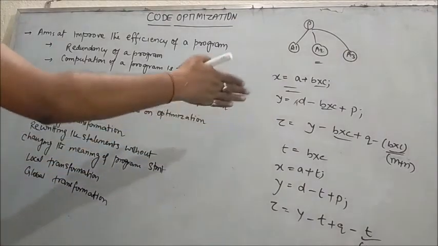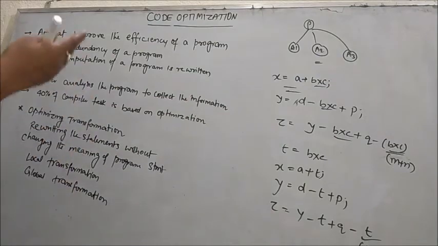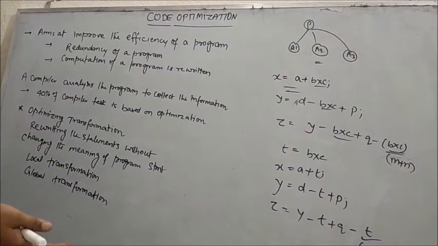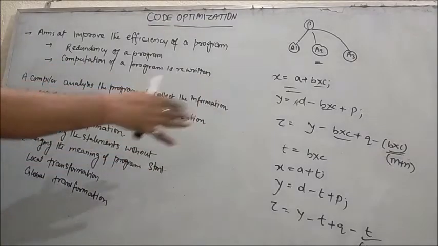Here, whatever I have given you, the basic concept of programming, was one example only. Instead of so many calculations, same calculation, why should I make the same calculation again and again? So instead of that I can store the multiplication of b into c in t, and I will substitute the value, right?